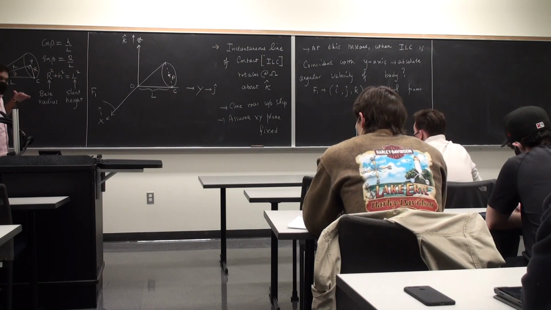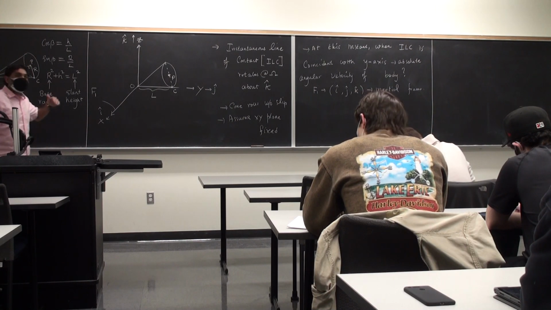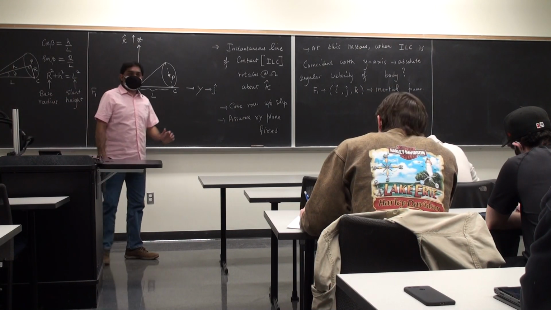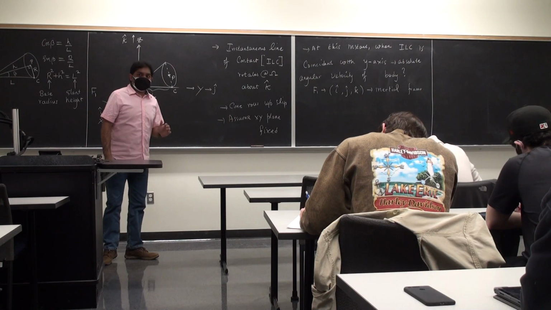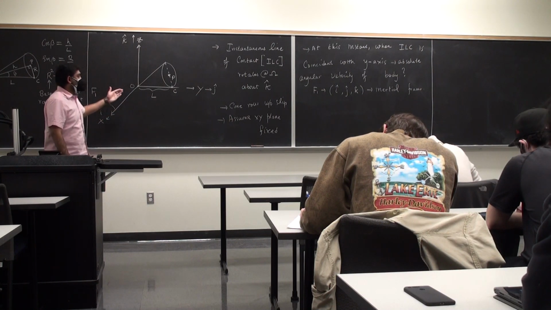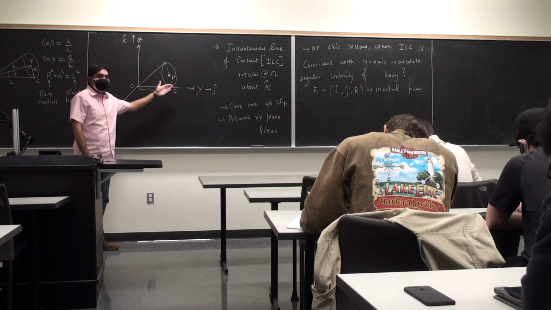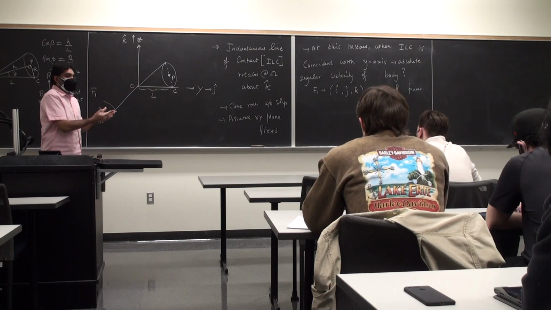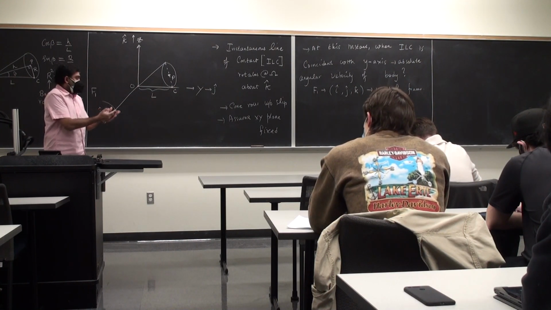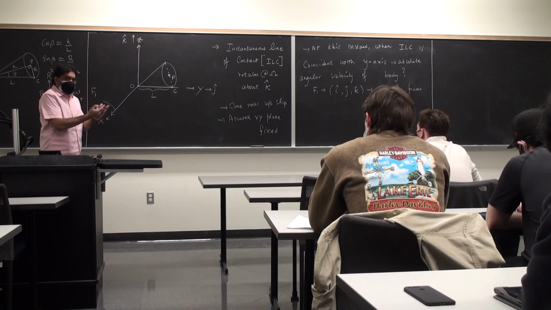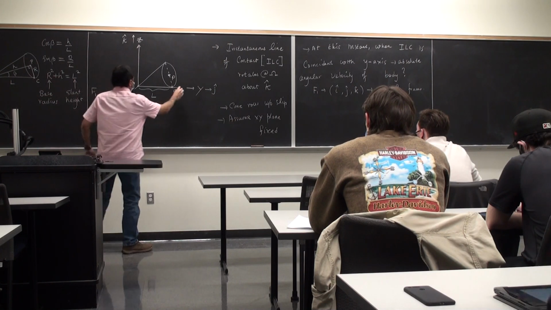Then we attach another frame to the instantaneous line of contact. At this instant in time, the instantaneous line of contact is aligned with the y-axis. If I attach an orthonormal frame to that line, then I'm going to have the following directions. We decided on this last time.